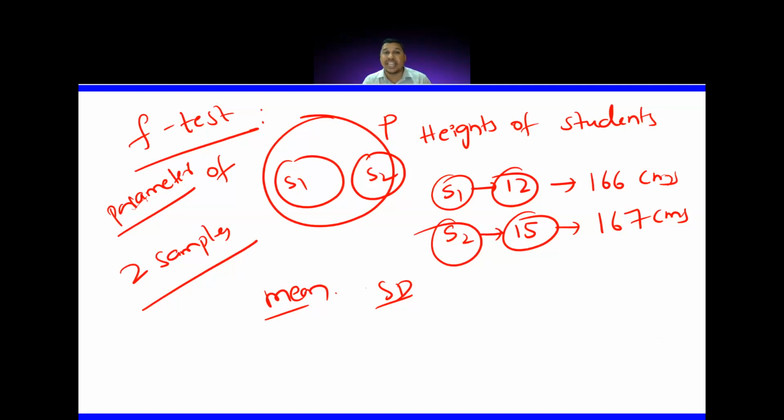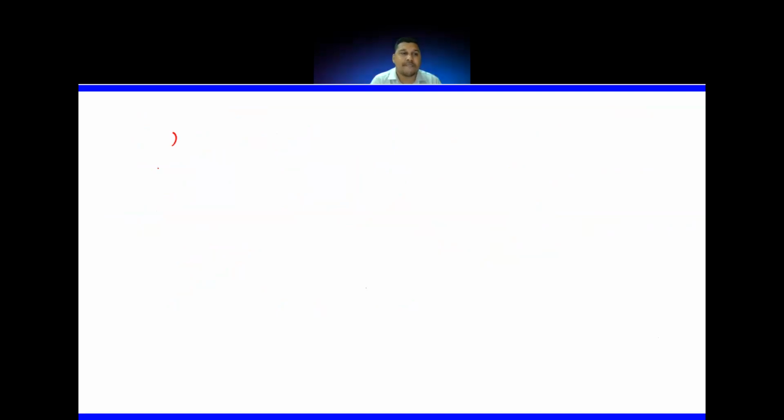To comment on their equality, that these two samples which I have taken for analysis are equal irrespective of the number of elements in the sample, for that we use F test. You will understand this much better with a numerical example, like we have already seen a few problems for T and Z test. So how is this given? F test.